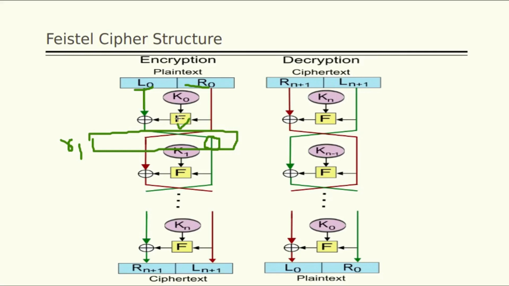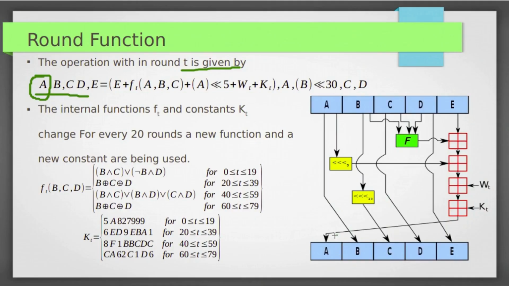This round function f takes the right half and the round key as input. Similarly, to compute this A value, take the B, C, D values and give them to the round function. Let's call it ft for round t.